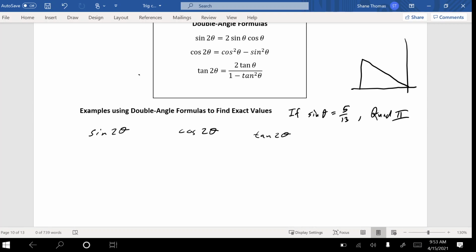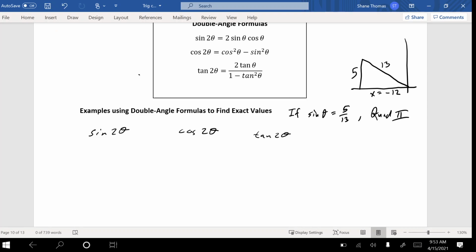So my opposite side is going to be 5. Hypotenuse is going to be 13. Now I'm still missing one side here, right? This is my x side. Now I can use the Pythagorean theorem. If I use the Pythagorean theorem, what am I going to get here? It's going to be 12. Now, what's something special about that 12 because it's in quadrant 2? It has to be negative, correct. So that's going to be the triangle we use for all 3 of these problems.